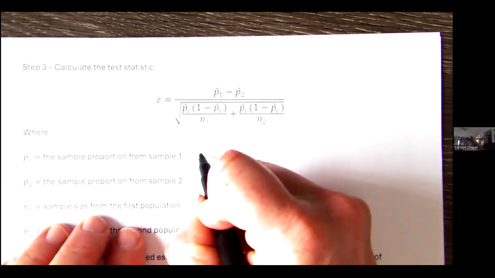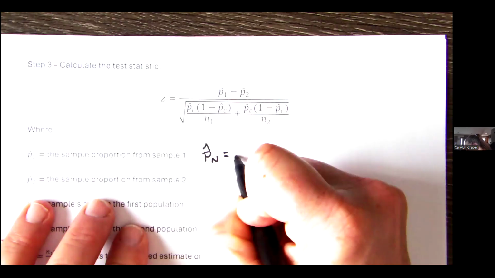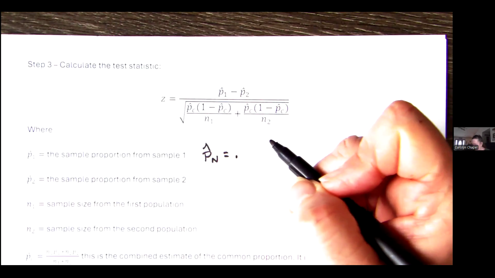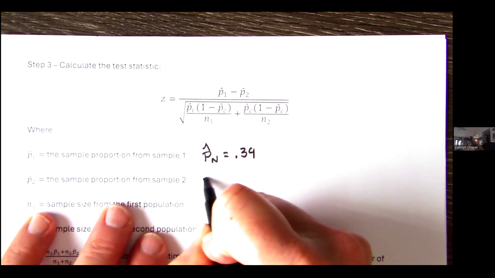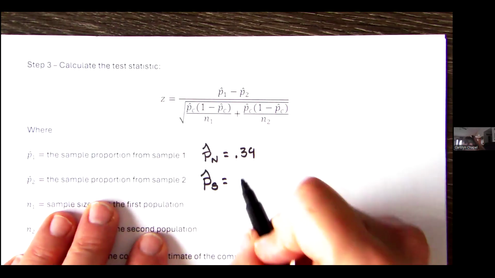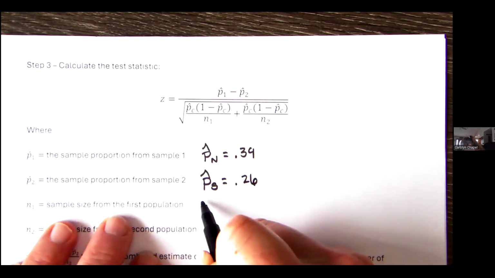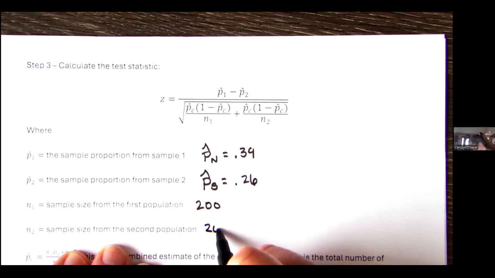So for our place, that's going to be our Northwest, 0.39. Our P hat 2, which is our second set, is our 0.26. N1 is our 200, N2 is our 300.